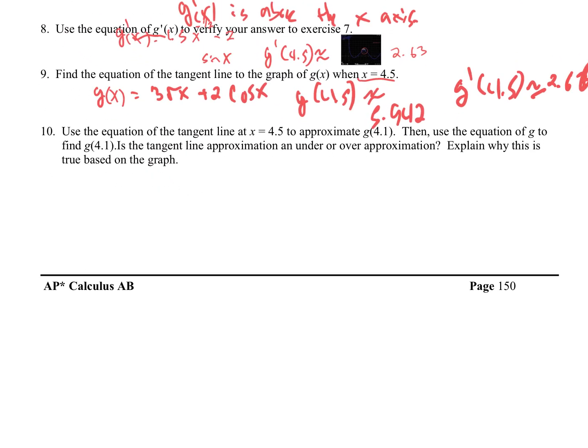And let's see, 10. Use the equation of the tangent line at x equals 4.5 to approximate 4.1. Now 4.1 is so far away from 4.5, it's 0.4 away.